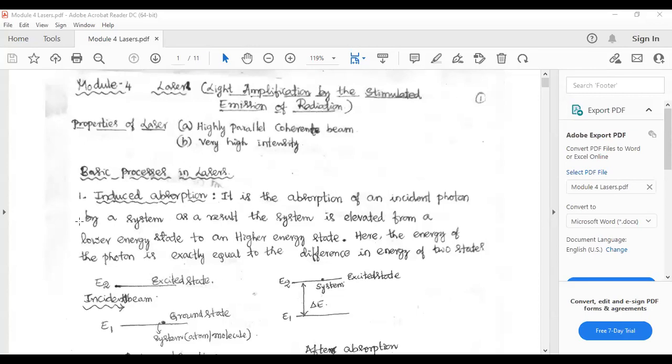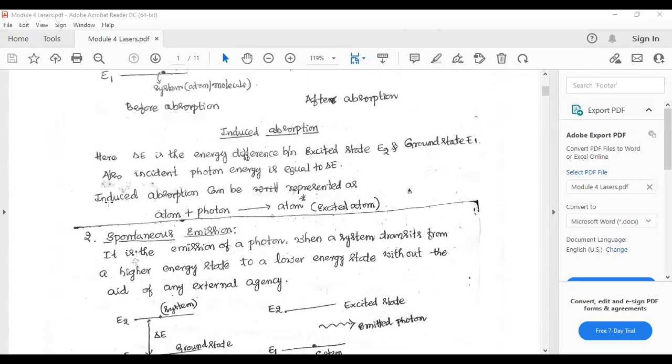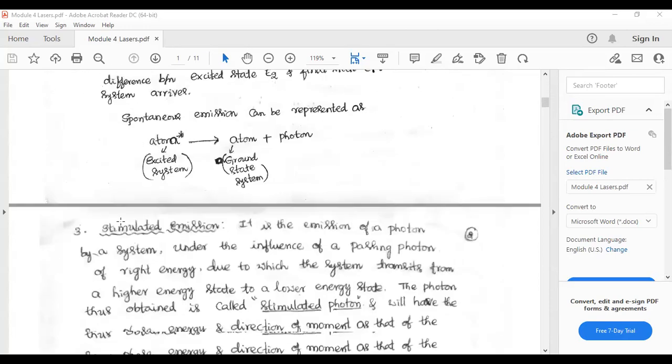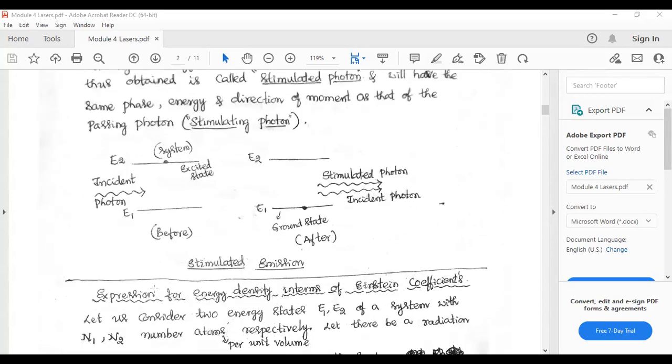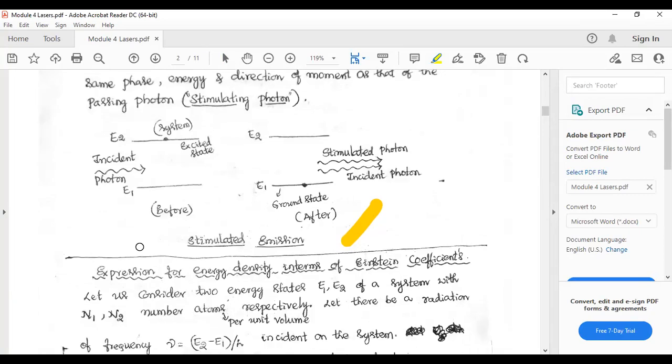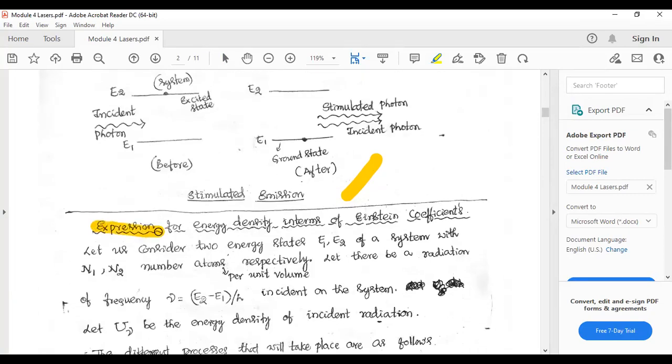Of course, for 6 marks, they will ask you to write a note on induced absorption, spontaneous emission, and stimulated emission. You have to stop up to this point. If they ask this question, explain induced absorption, stimulated emission and spontaneous emission, up to here you have to write. And then the next concept is the expression for energy density in terms of Einstein coefficients.